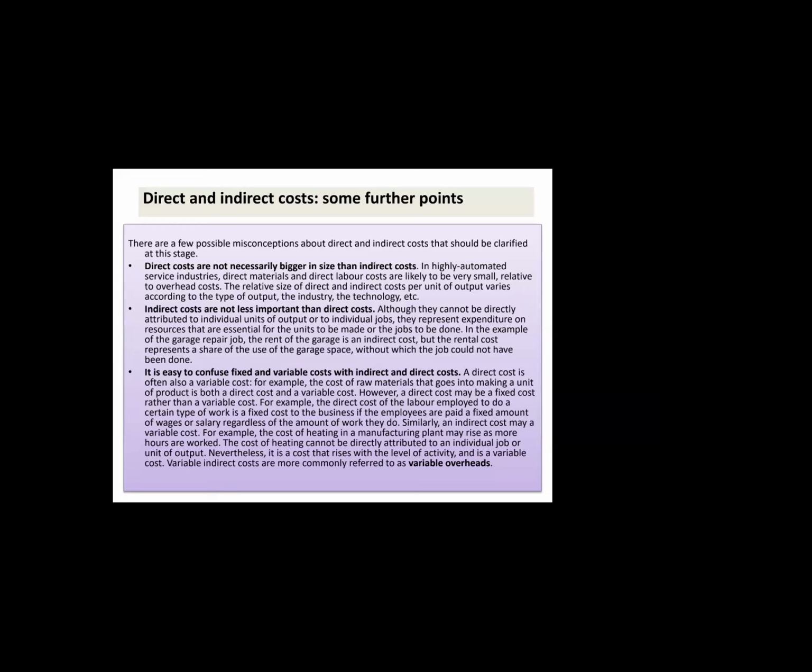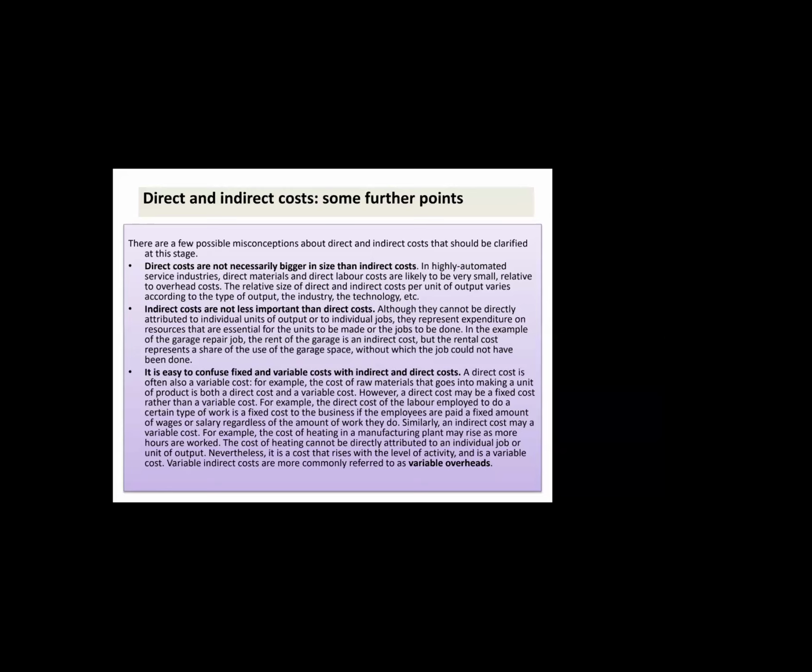This is what I am trying to say here about this misconception. Sometimes direct cost would be, let's say, 100 taka, and indirect cost would be 1 lakh taka. So 100 taka will be recorded as direct cost, though the figure is small. But 1 lakh will not be treated as direct cost as it is overhead or indirect cost.